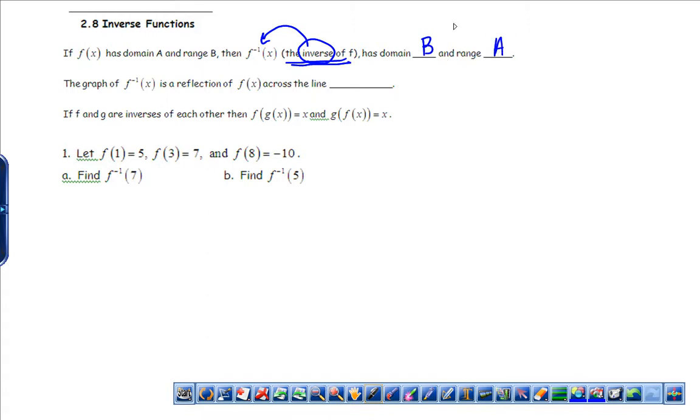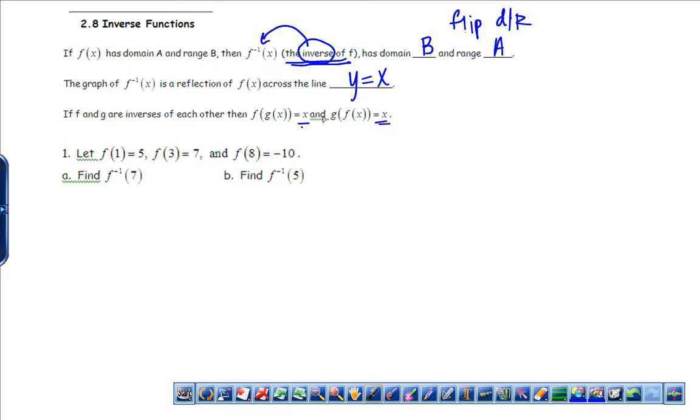So basically, you're flipping your domain and range. Flip domain and range. The graph of your inverse has a reflection of f of x across y equals x. And hopefully you have remembered that or have heard that before. If f and g are inverses of each other, then f of g of x equals x, and g of f of x also equals x.